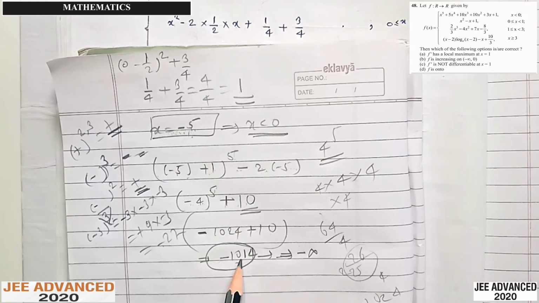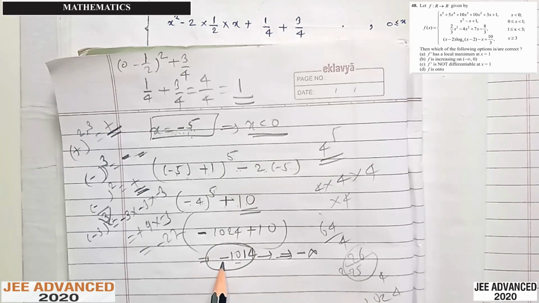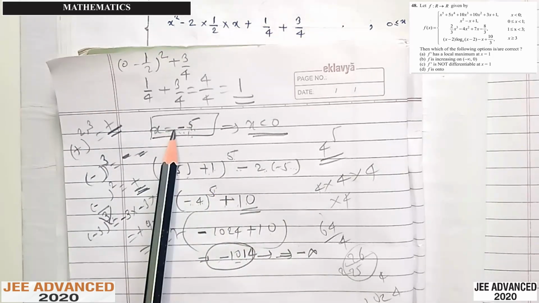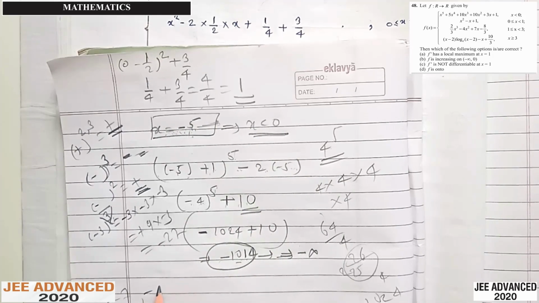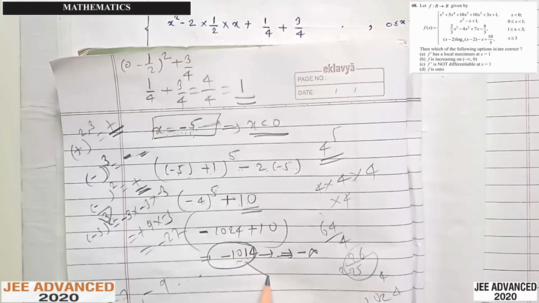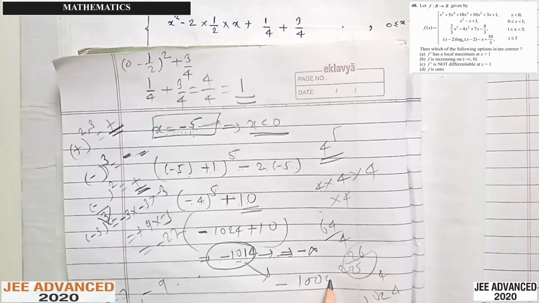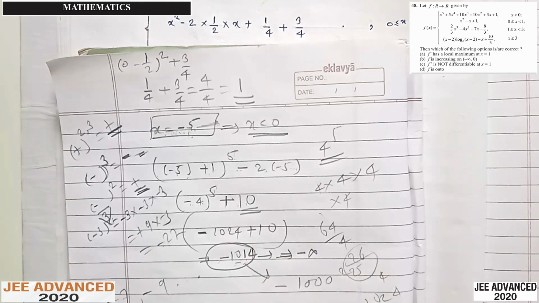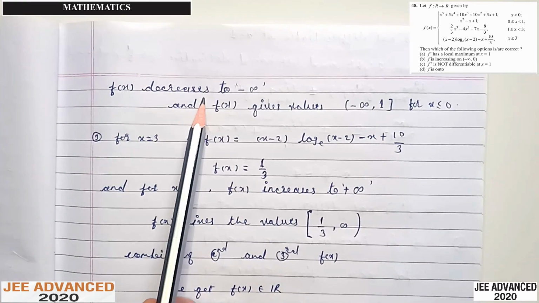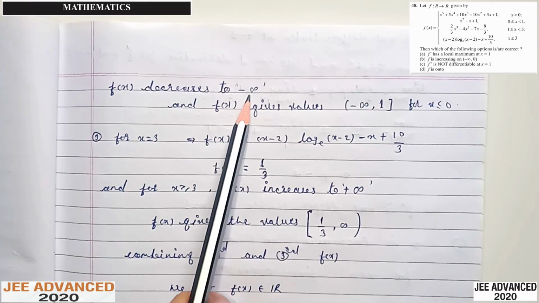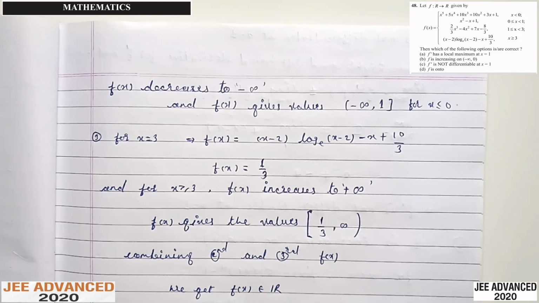That means as x goes more negative, like -7, -9 and so on, the value will be -1000, -10,000, getting smaller and smaller. So our f of x is decreasing to negative infinity, which means the quantity keeps getting smaller.